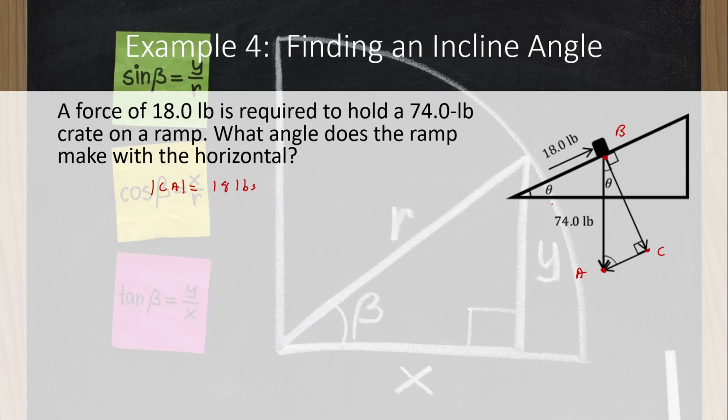And then we have that the sine of theta is going to be equal to the opposite, which needs to be 18 pounds, divided by the hypotenuse, which is 74. And if that's the case, then theta needs to be the inverse sine of 18 over 74. And that would be 14.07 degrees, which for this particular problem, you would want to round to 14.1 degrees.